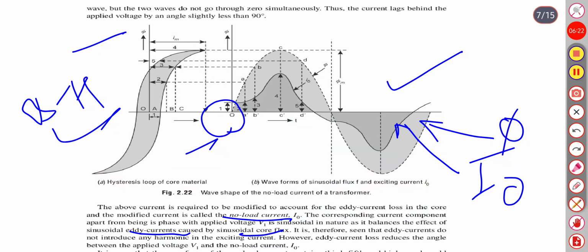It is therefore seen that eddy currents do not introduce any harmonic in the exciting current. However, eddy current loss reduces the angle between the applied voltage V1 and no load current I0.